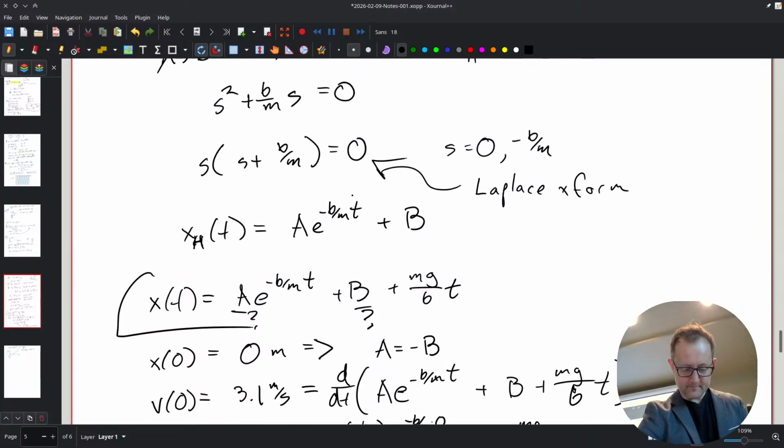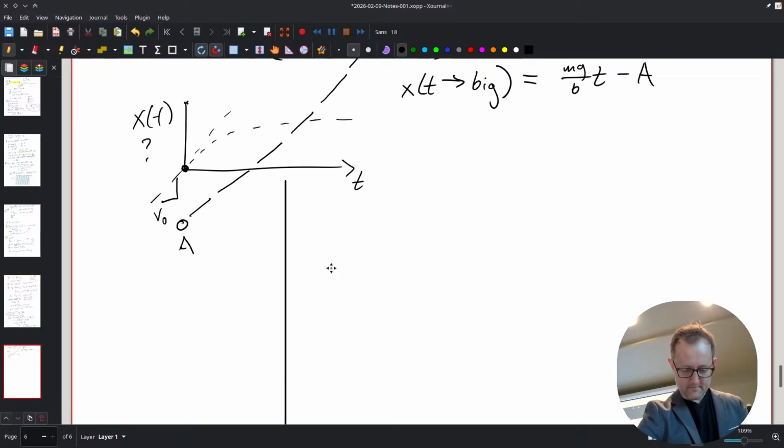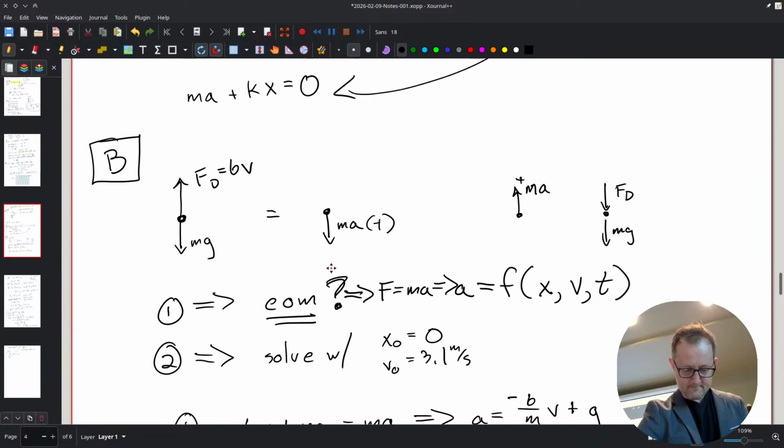Am I going the wrong way? So the buoyancy just decreases how much gravity there is. How does that sound?